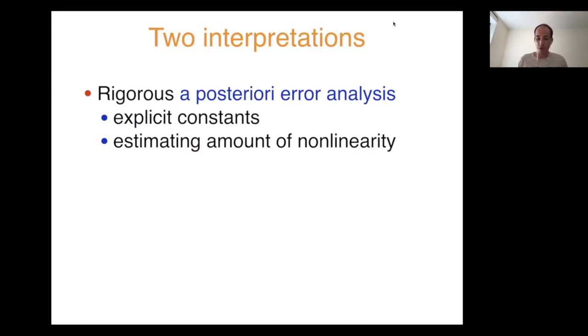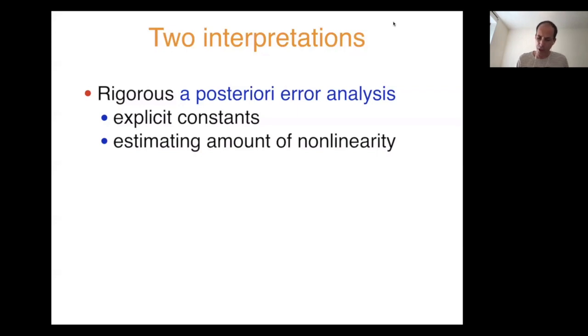And the difference here with traditional a posteriori error analysis is that what we are after are explicit constants. We really want to know how close is the true solution to this numerical solution, if there is any. And the other thing is that we also estimate the amount of nonlinearity, rather than assuming that the problem is almost linear there, which is the traditional thing to do.